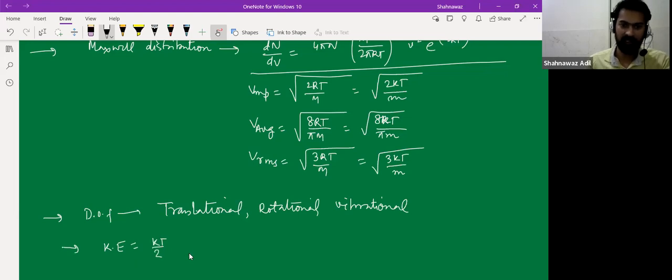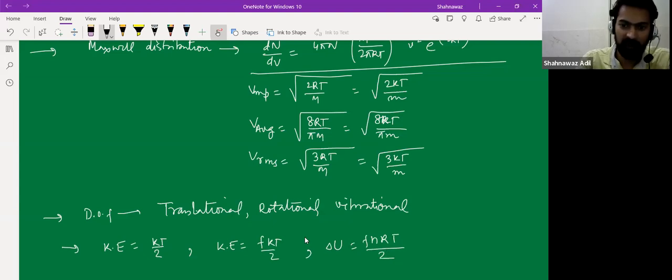And for f degrees of freedom, kinetic energy was fkT by 2, right? And we also calculated the internal energy of the ideal gas, which was found out to be nRTf by 2. Right, and then we calculated what?